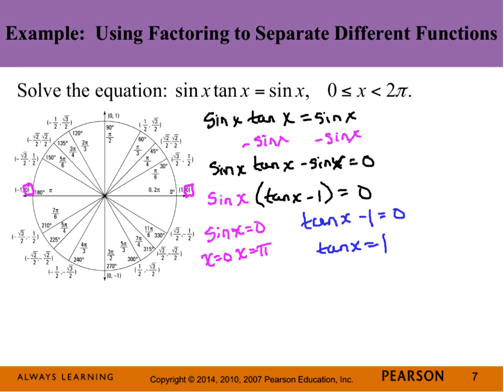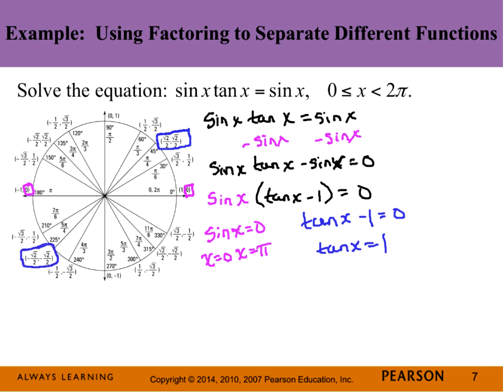And that occurs at pi over 4. See, I've got square root 2 over 2 and square root 2 over 2. And it also occurs at 5 pi over 4. I've got negative square root 2 over 2, negative square root 2 over 2.